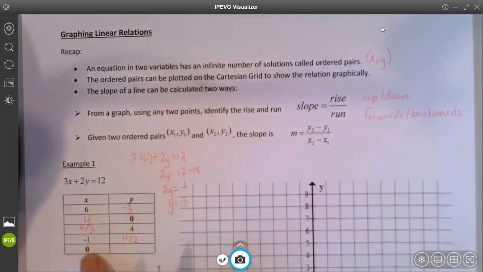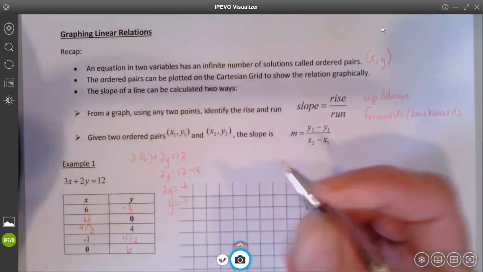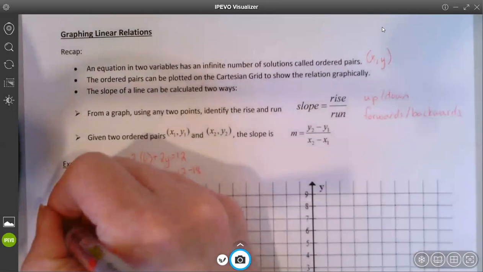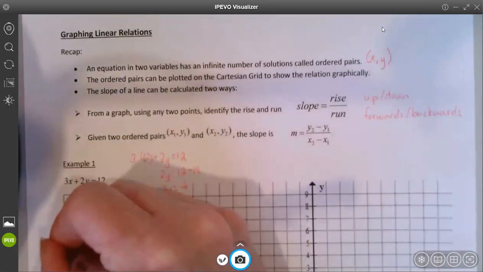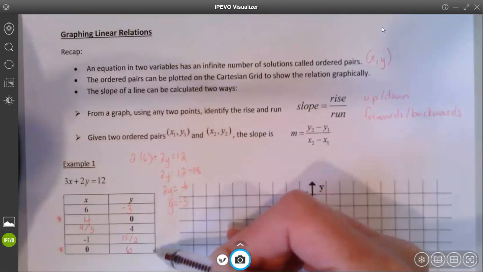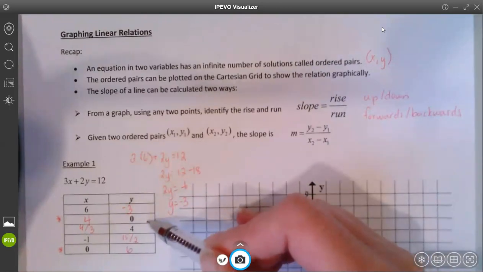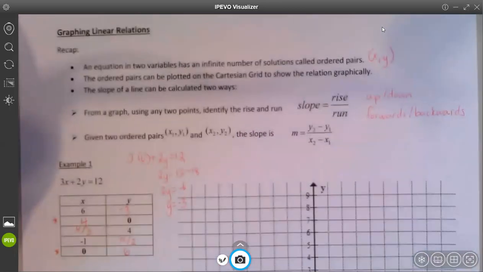And if x is equal to 0, y is equal to 6. So I want to highlight these two rows because in these two sets of ordered pairs, either x is equal to 0 or y is equal to 0. And we're going to look at those specific points on our graph in just a minute.